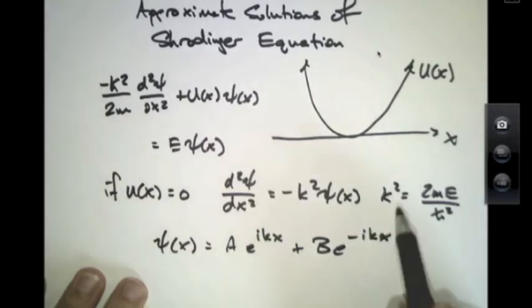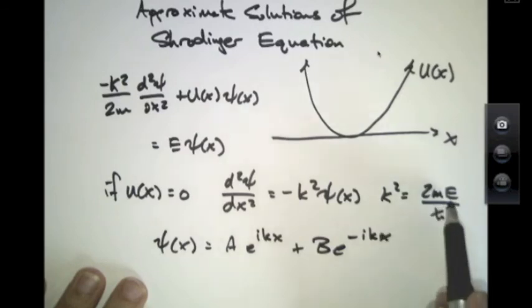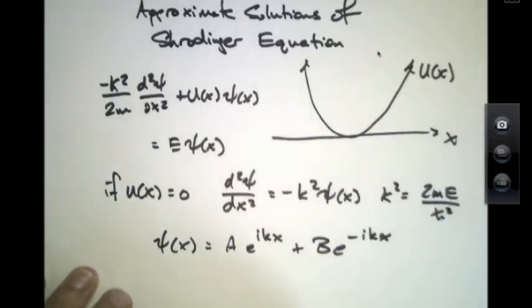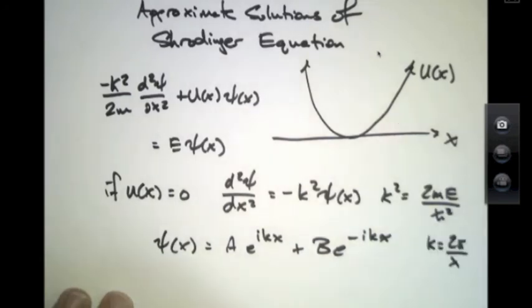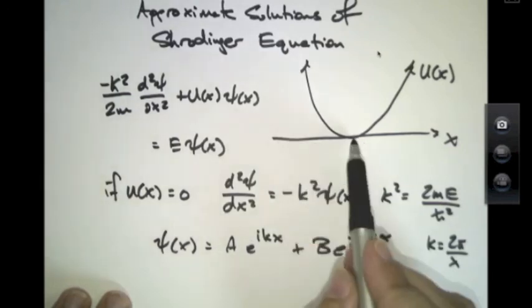In other words, when I take the square root here, I have a plus or minus sign for k. Remember that k has the physical significance of being 2 pi over a wavelength. So the larger the energy of the particle, the smaller the wavelength, and vice versa. So this is the easiest case, but it only works when the potential energy is exactly 0.